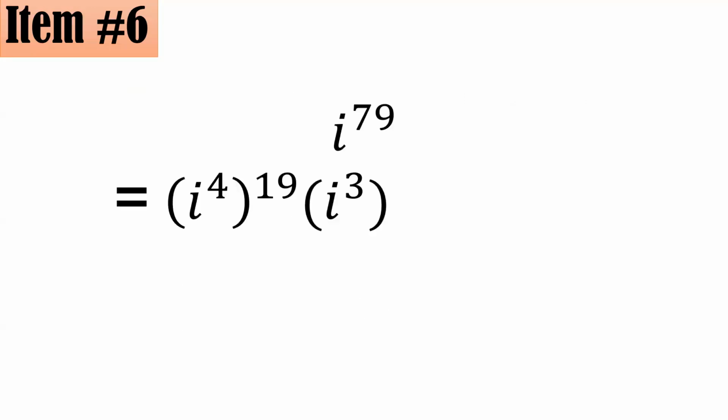So if you have i raised to 79, remember that i to the fourth is equal to 1.